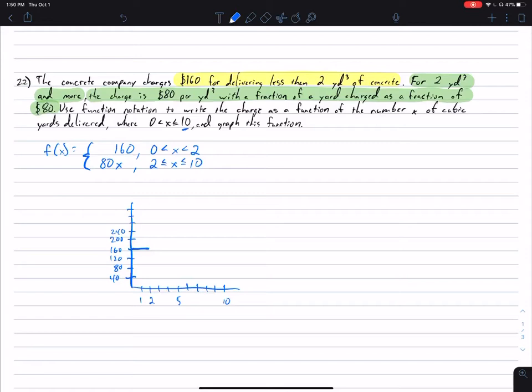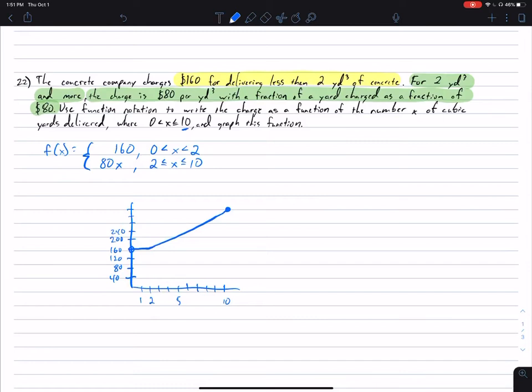Now, again, we can't be charged for not buying anything. So at 0, it's going to be an open circle. At 2, it's an open circle on the flat piece, but then it's going to start going up by $80 per yard. So it's going to increase. That's not going to be perfect, but you get the idea. And this is eventually going to end at that 10, and we would have a closed circle at 10.